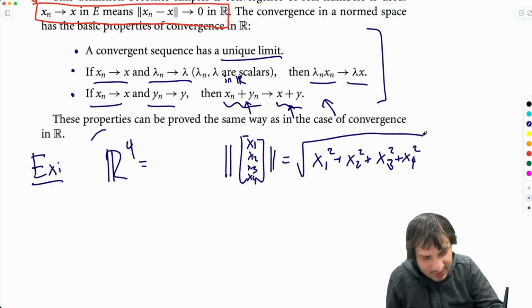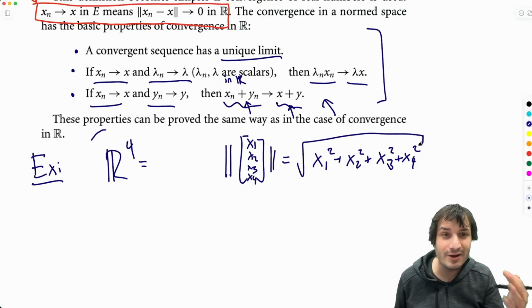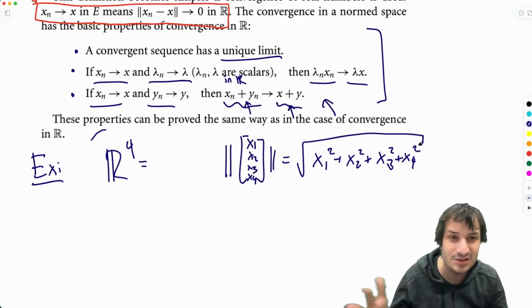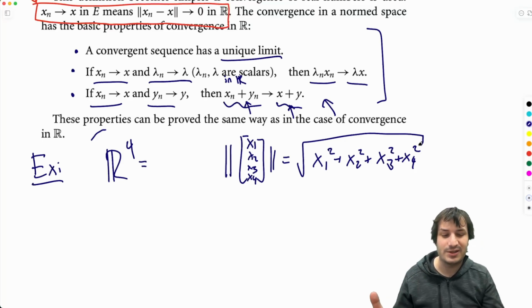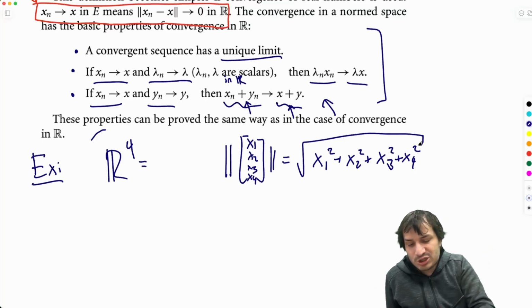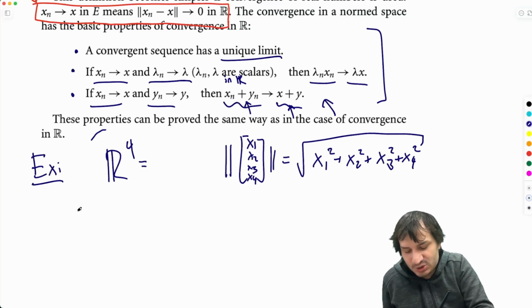That's the ordinary Pythagoras distance function that you are used to from linear algebra class, and that is a norm. So you must check, it verifies the triangle inequality and so on. But this is the kind of thing you can do.